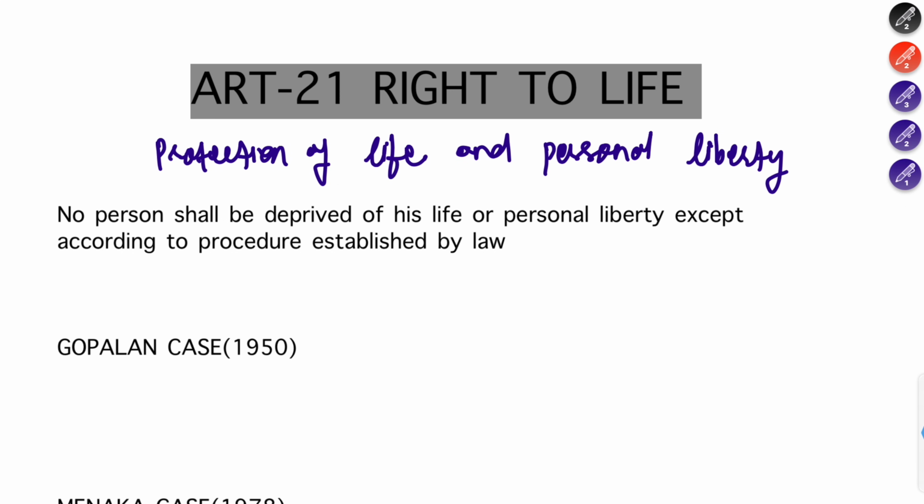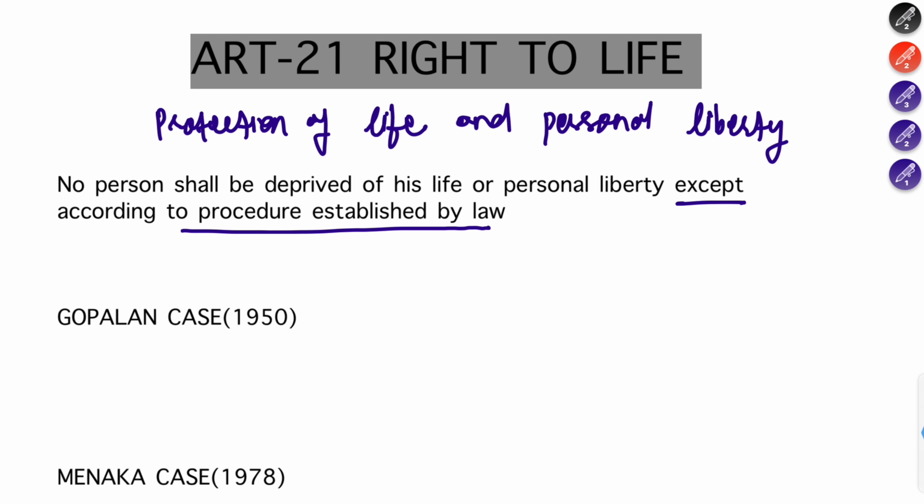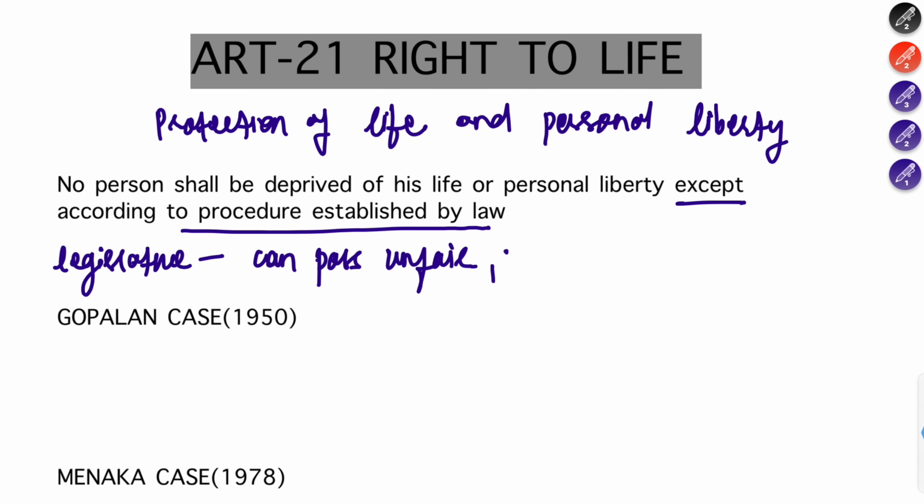Article 21 declares that no person shall be deprived of his life or personal liberty except according to procedure established by law. It means the legislature can pass an unfair, unjust law by the prescribed procedure.